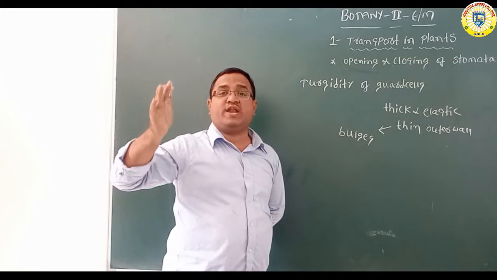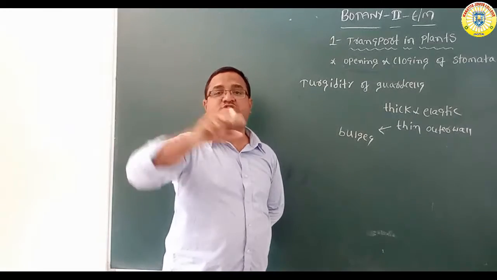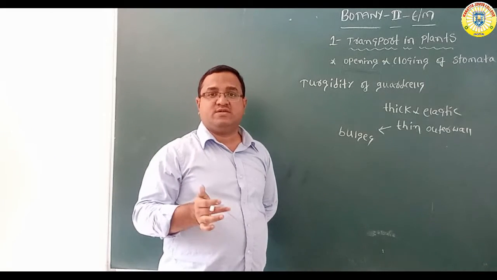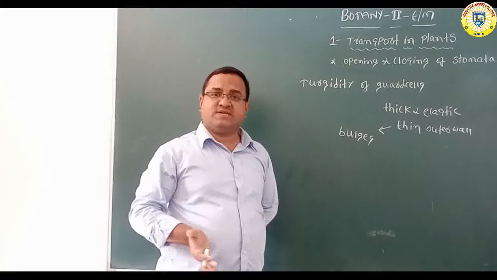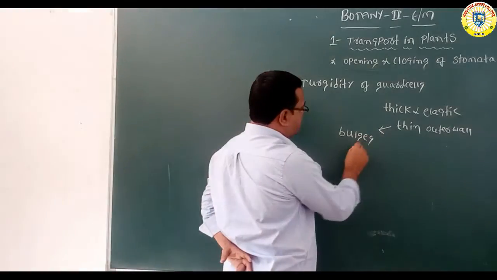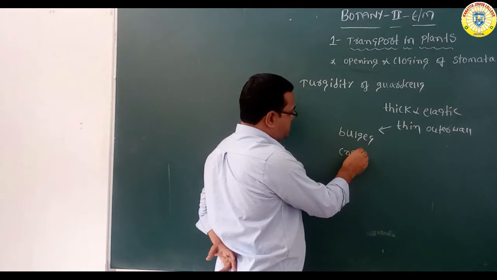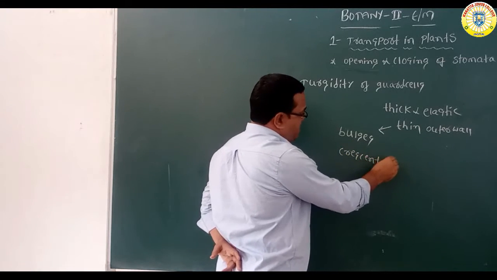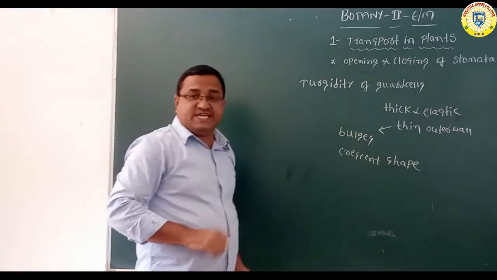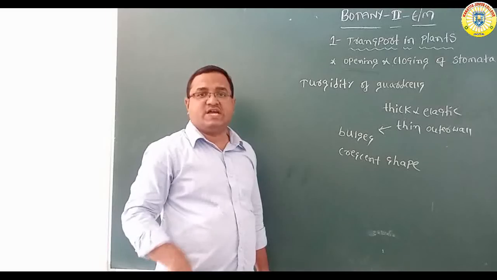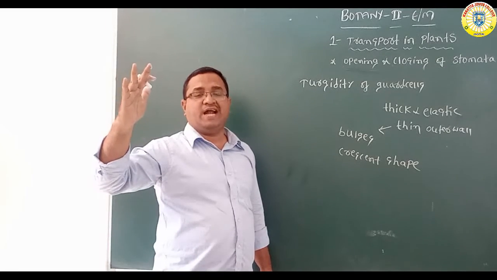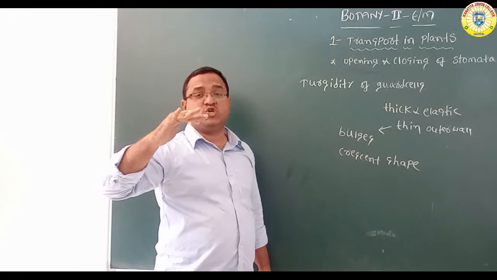That forces the inner wall into a crescent shape, meaning half moon shape. Whenever the turgidity increases in the guard cell, the outer wall bulges and forces the inner walls into a crescent shape.